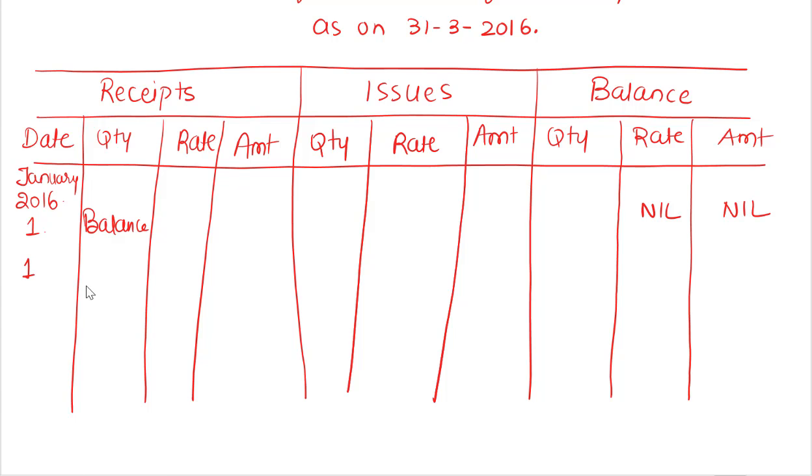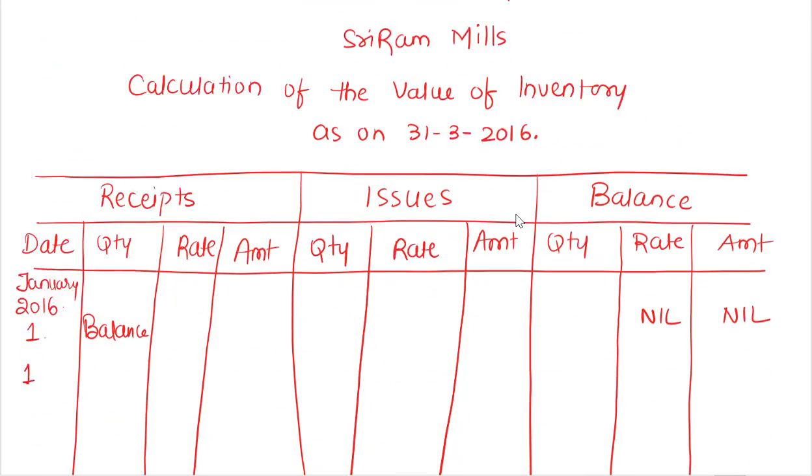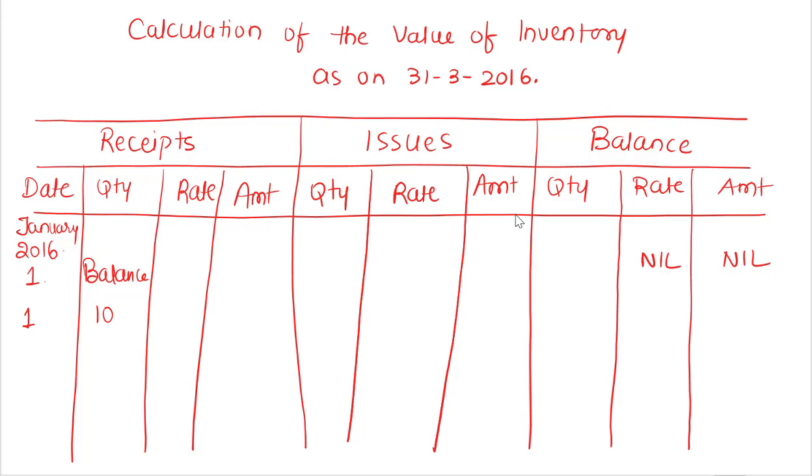Then again, 1st January 2016, purchases of 100 units at the rate of 30. So the amount is 3000. No issues. Balance 100, 30, 3000.